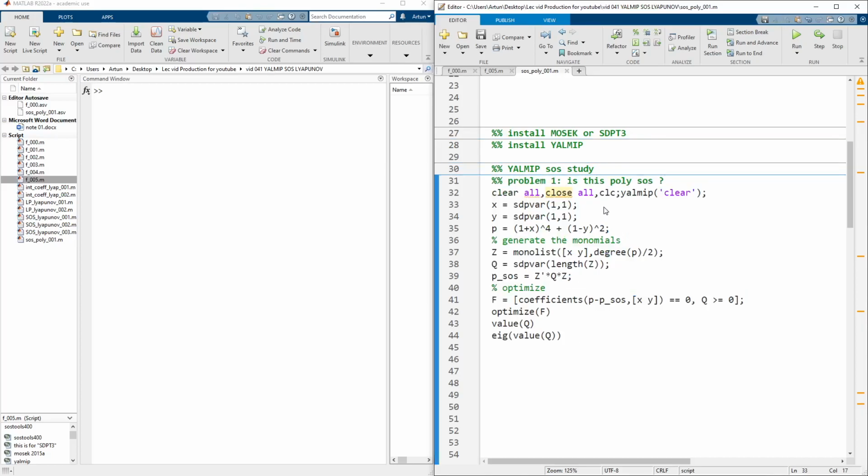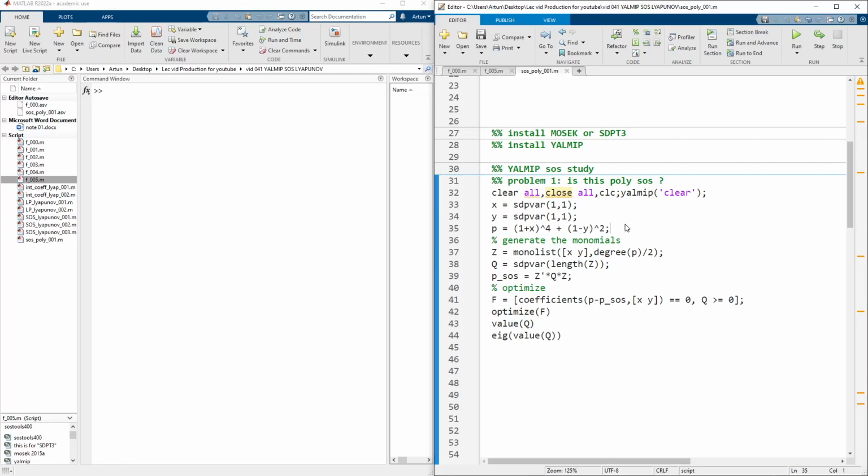And this is our polynomial. We want to check whether it is an SOS, sum of squares, polynomial. Why would we want to know that? Because if a polynomial is an SOS, that will indicate that for any x and y, it wouldn't have any negative value as a result.